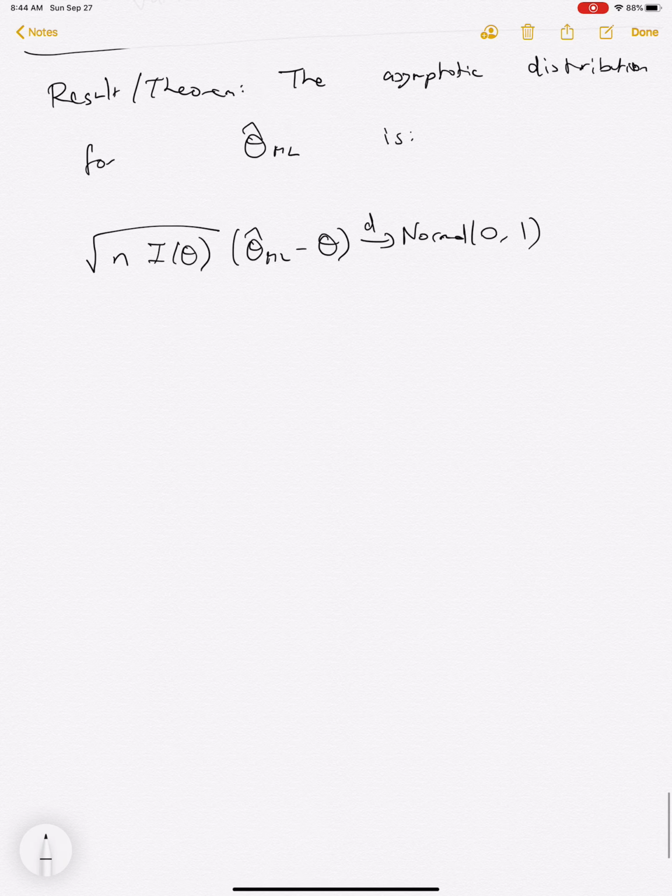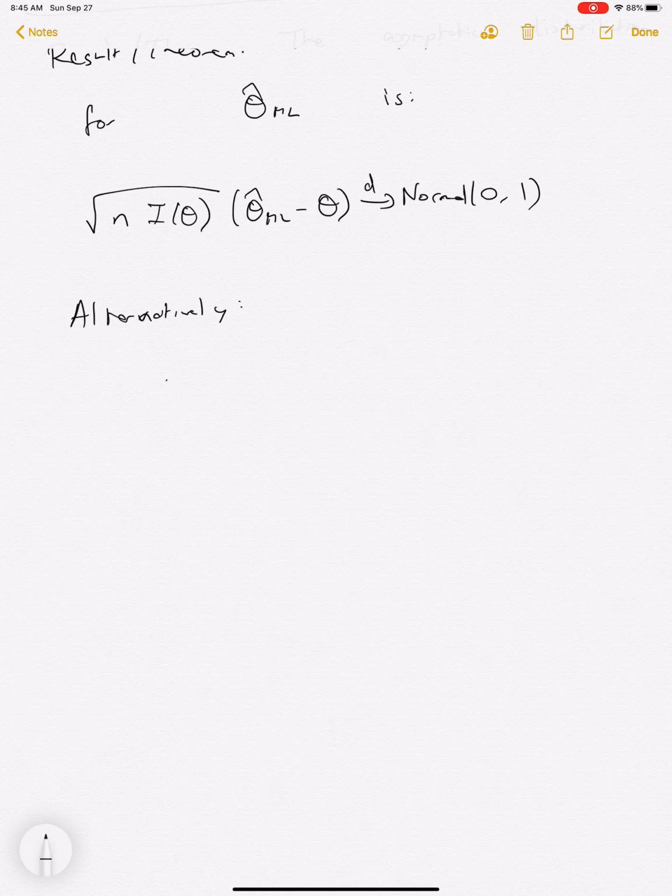And another way to write that, as an approximation, is that theta hat ml approximately has a normal distribution with a mean of theta, so that's the true underlying parameter, and a variance of 1 over n times I of theta.